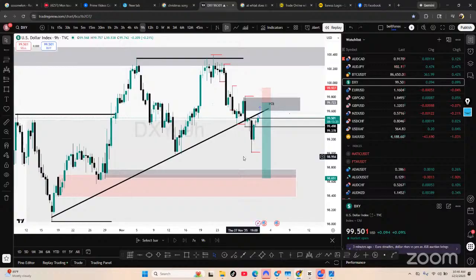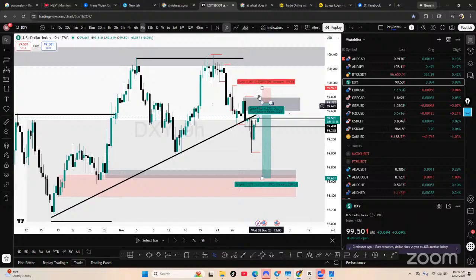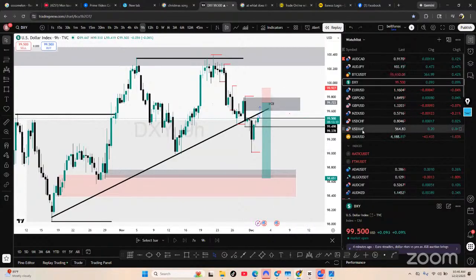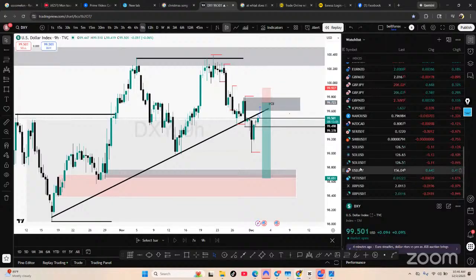So we are going to look for a short on it. So if our DXY comes to this POI and starts to sell, then GBP Japanese yen should be on the radar. So let's just take it very well.